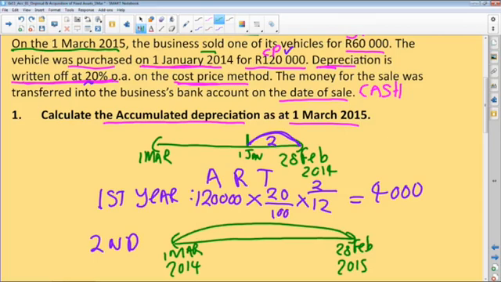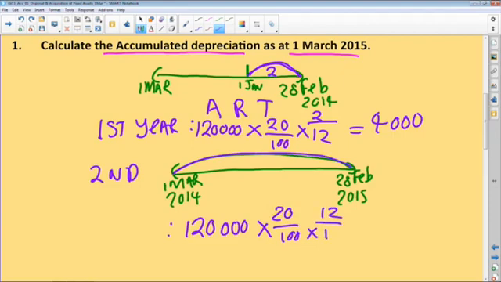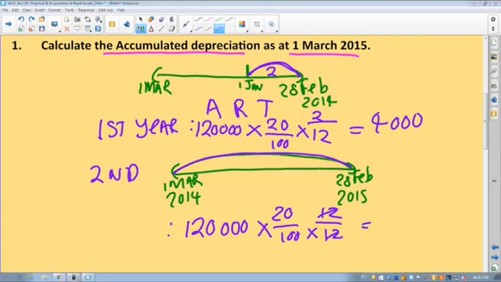So in terms of my depreciation calculation, it will be as follows. Once again, I need my amount, which is the cost price, 120,000, times my rate, which is 20%. But this time around, I've owned the asset for the entire year, so 12 over 12, which obviously now cancels out.